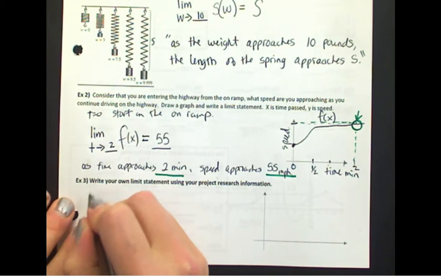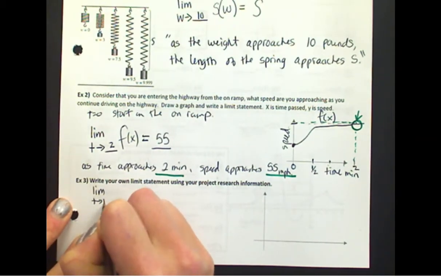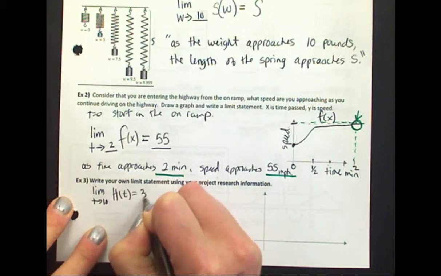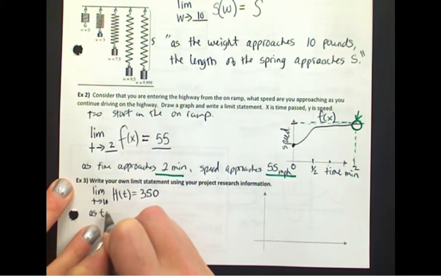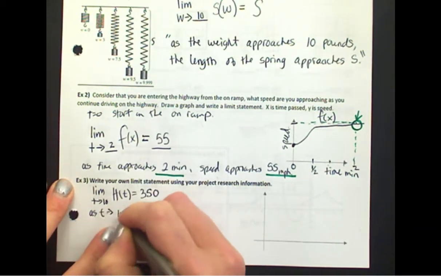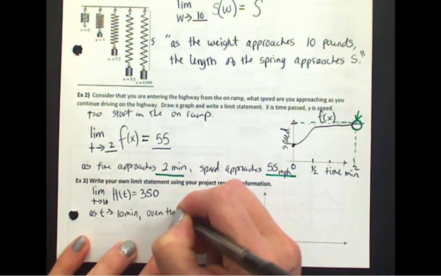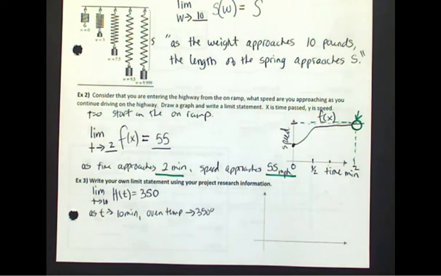I said as the time approaches 10 minutes, the heat of the oven approaches 350 degrees, because it's like reheating the oven. That is great. Okay, so as T approaches 10 minutes, oven temp approaches 350. Yeah, and it might actually equal, but not quite. You can come choose candy for sharing.